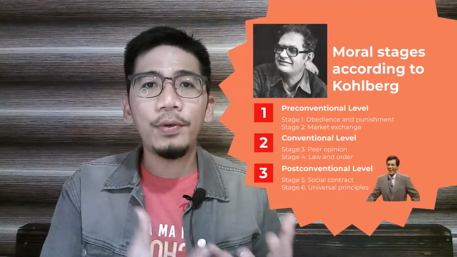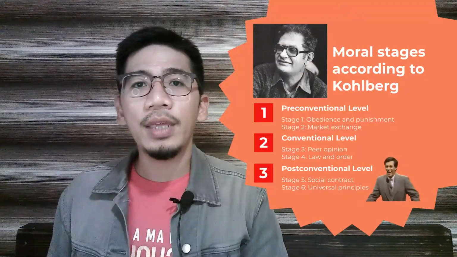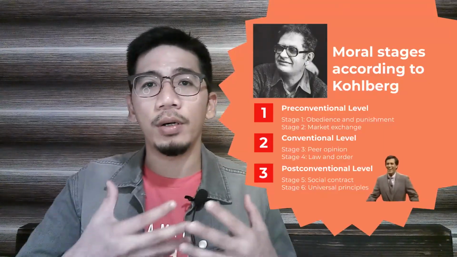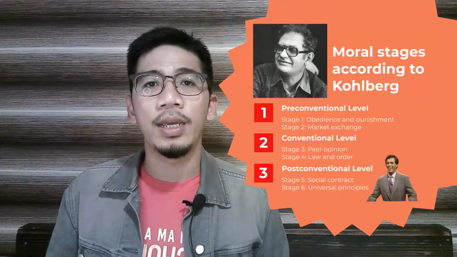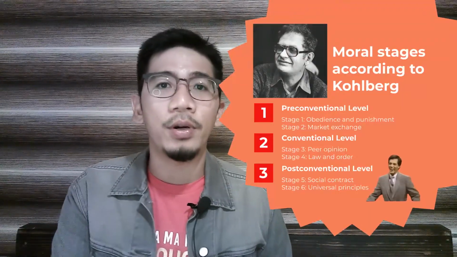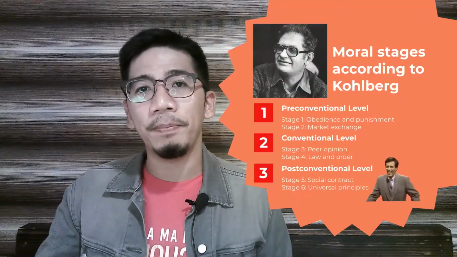So the new focus constitutes stage 5, the ethics of social contract. Now an action, belief, or practice is morally good if it has been created through fair democratic processes that respect the rights of the people affected.